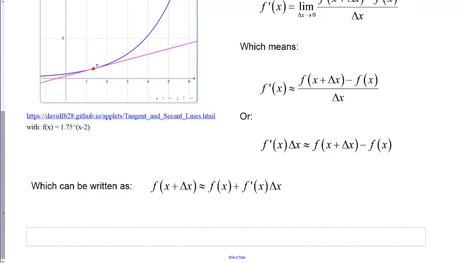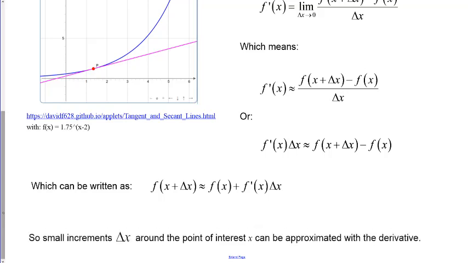And what that does is tell us about what happens to the function within small increments around a point of interest. It tells us how we can approximate the curve in that way with a line. So the slope of the tangent line, in effect, gives us a linear approximation to a curve. And that's one of the big takeaways from a derivative.